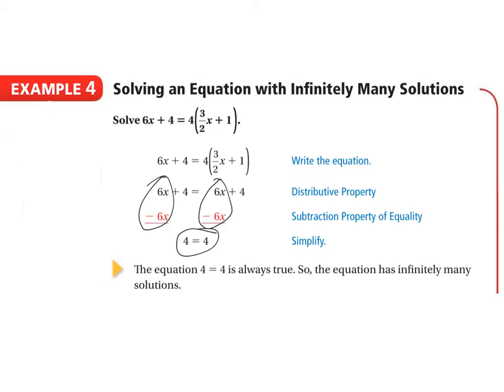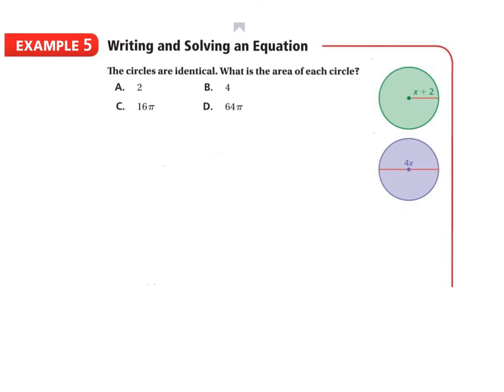No matter what value I put in for x and substitute it into this formula, they'll still go away, and 4 will equal 4, which is always true, and therefore they say there's infinitely many solutions. So from negative infinity to positive infinity, you can put any number in for x. It will still get subtracted out right here, and you'll be left with 4 equals 4, which is always true. So that was kind of a weird one.